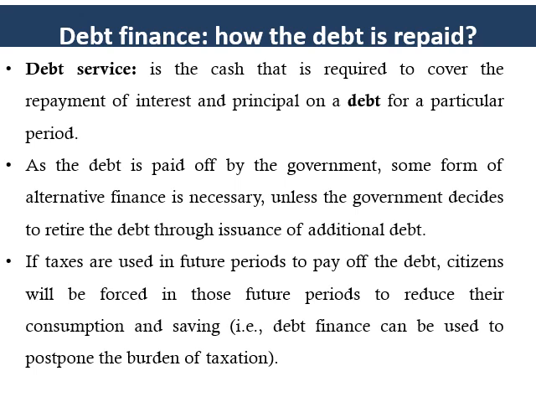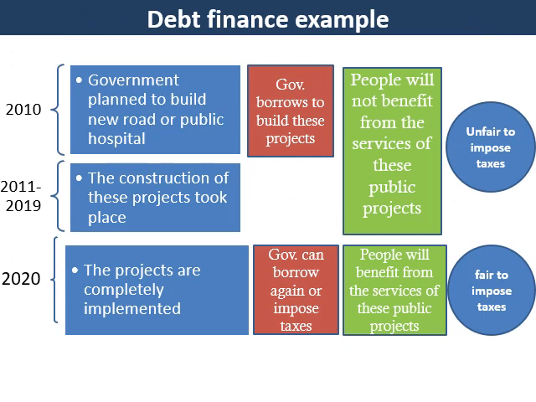We will have an example to clarify this point. Well, to clarify the idea, assume that in 2010, the government planned to invest in building new schools or hospitals. So one way to finance such projects is to increase taxes.